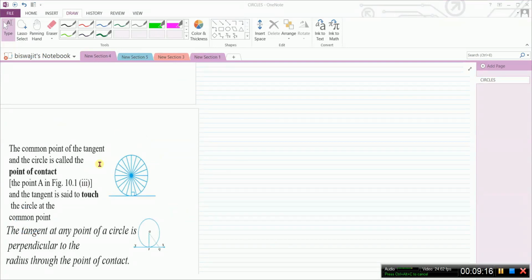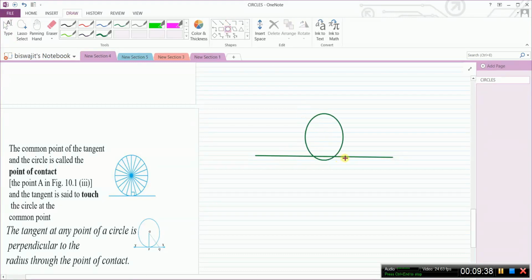Lastly, we are going to learn that the tangent and radius are perpendicular to each other. Now you see here, this is a path, and this is the circle, and a circle means the wheel is a circle.